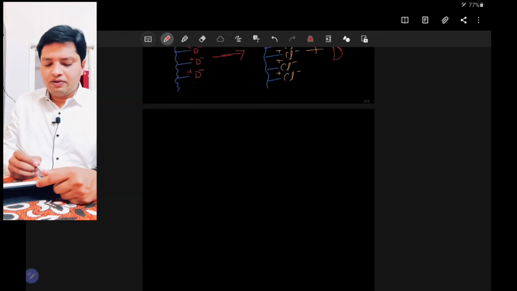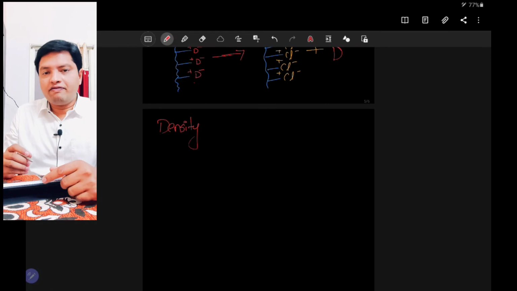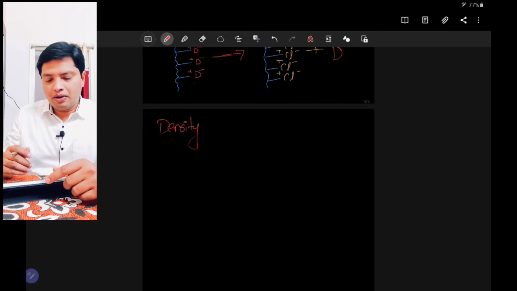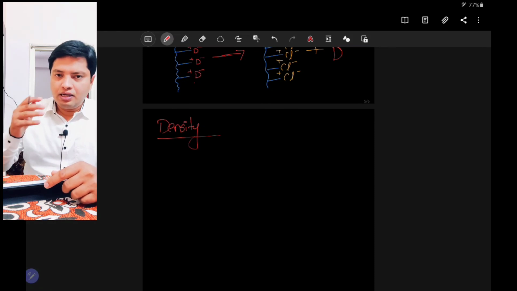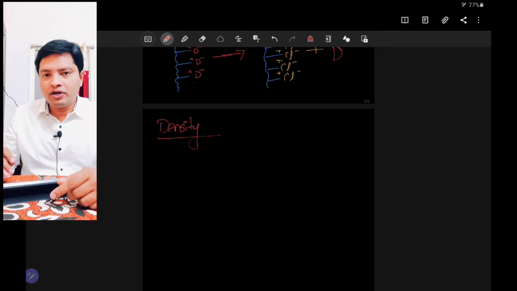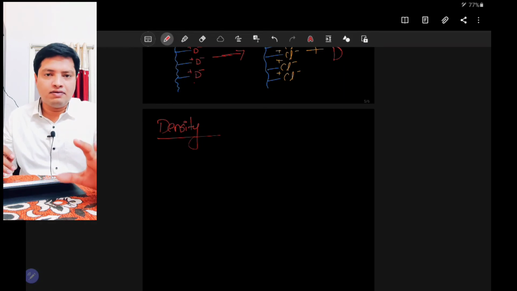The next one is the density modified system. We can modify the density of a system. I explained this in floating drug delivery, the density modulators in gastroretentive drug delivery systems.